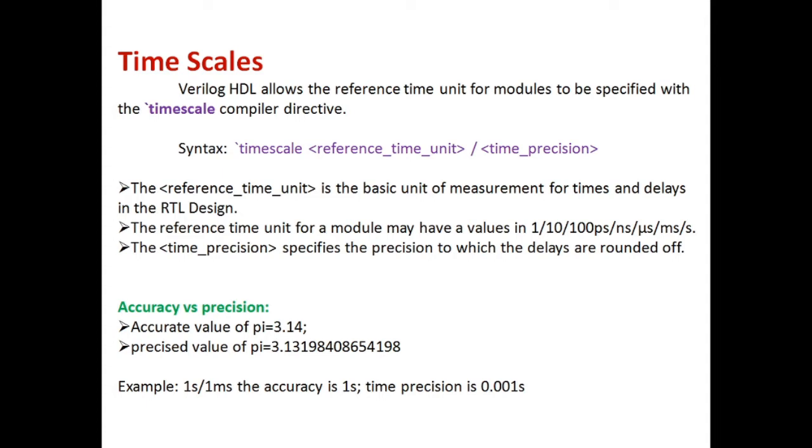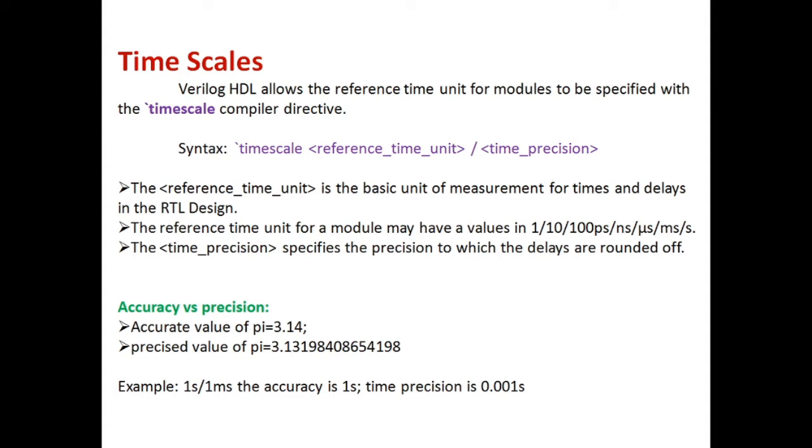So here also, when we have one example, like timescale 1 second by 1 millisecond, if I ask you a question, you are going to say that the accuracy of your delay, your quantity, is 1 second, and the precise value of your quantity is 1.001 second.